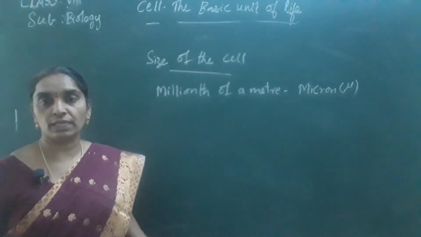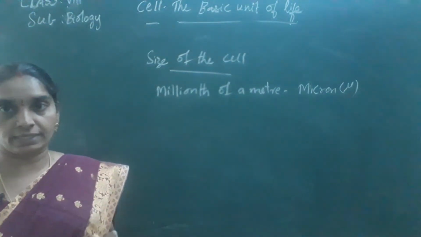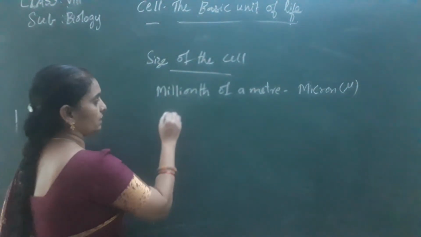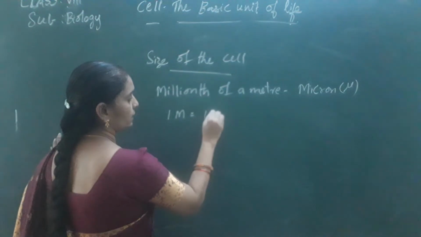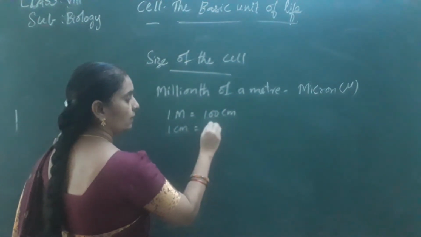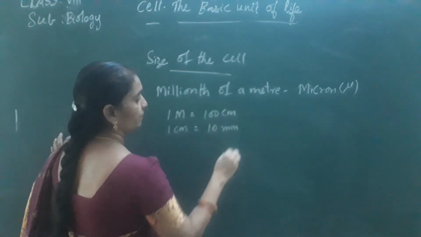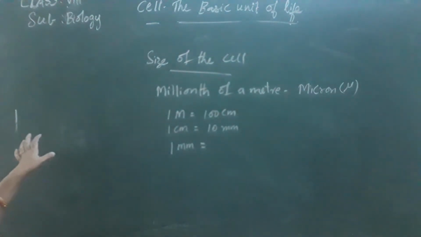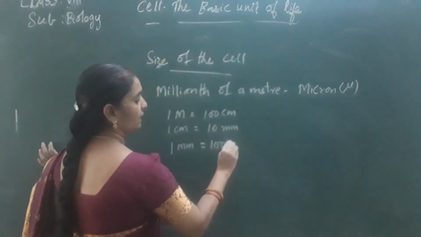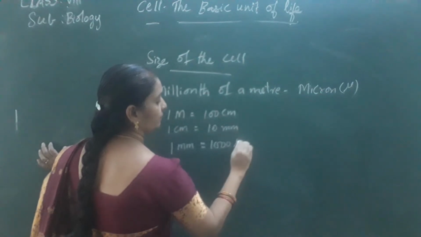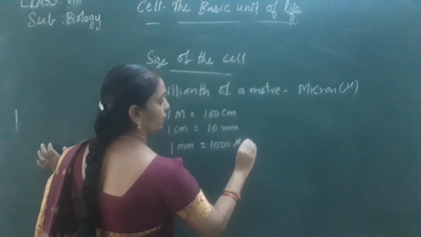You very well know that 1 meter is equal to 100 centimeters and 1 centimeter is equal to 10 millimeters, isn't it? 1 millimeter is equal to 1000 micrometers.